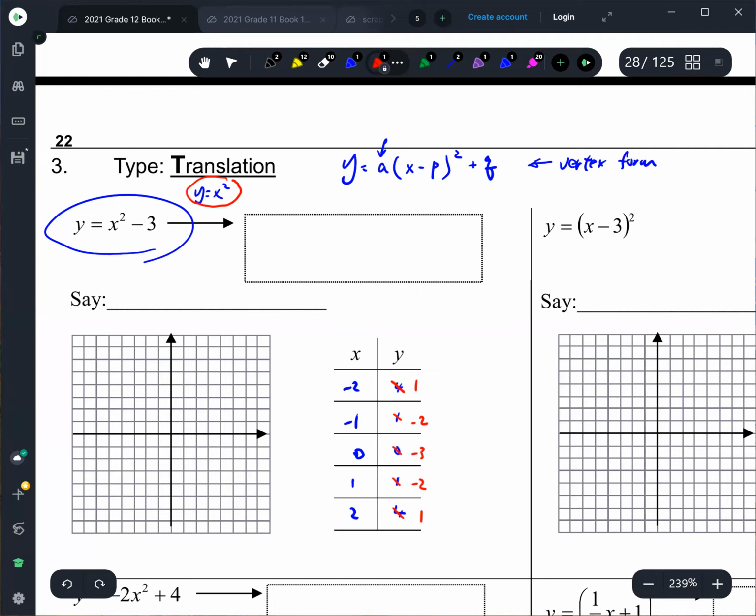Very good. So you just plug in each x value, then you get the new y values. So instead of 4, 1, 0, 1, 4, we have 1, -2, -3, -2, 1. Let's see what happens on the graph. So please plot it on your grid. Once you've done that, you can raise your hand.